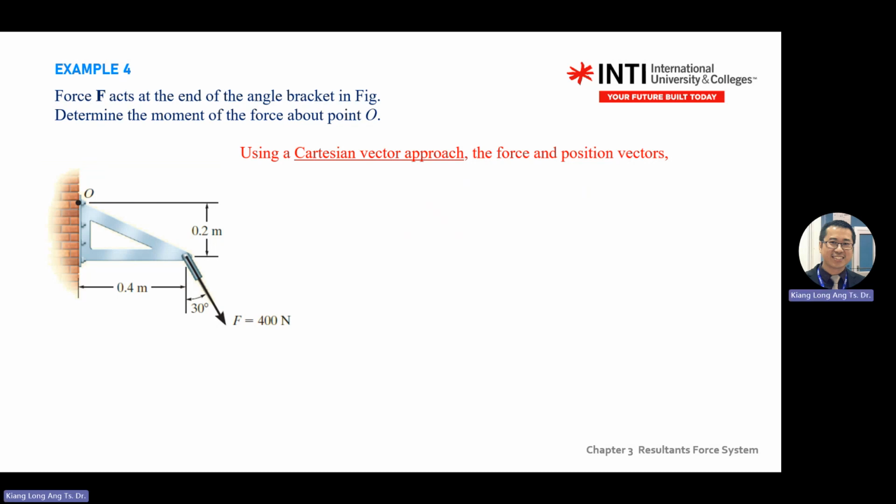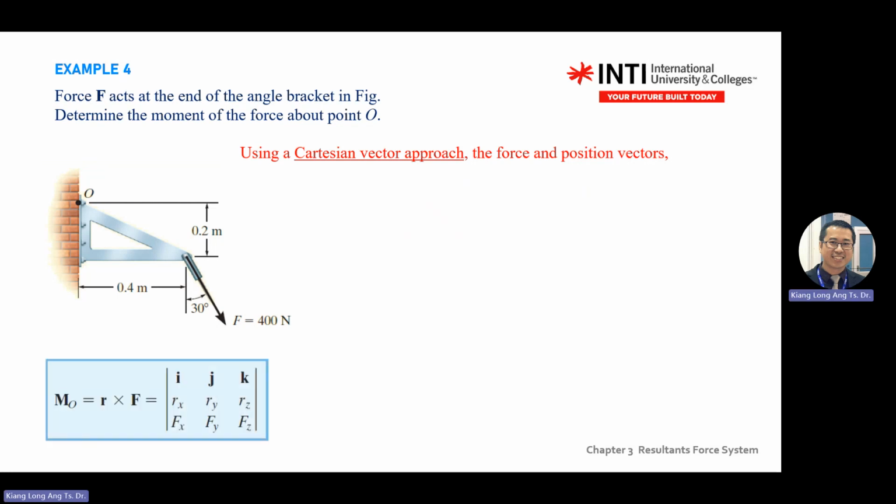So this is 2D, but the question can force you to use the vector approach by splitting this one into y and x. So this one is I, this one is j. Okay, so if you see the question forces you to use the Cartesian approach, write this equation. Write the matrix, write MO equal to R cross F, 2 lines IJK, R in the middle, F in the bottom.